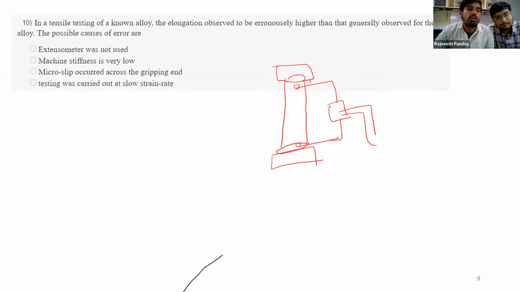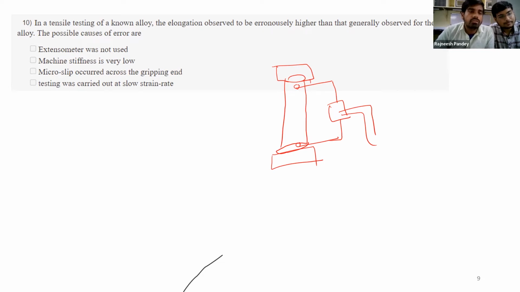And Professor Sasang has also discussed in the module lecture that when we deform the tensile sample, there is also deformation in the equipment material itself. That's why the material stiffness also plays an important role. So the second option is that material stiffness is very low. If material stiffness is very low, certainly some amount of strain is going to develop in the equipment material itself.